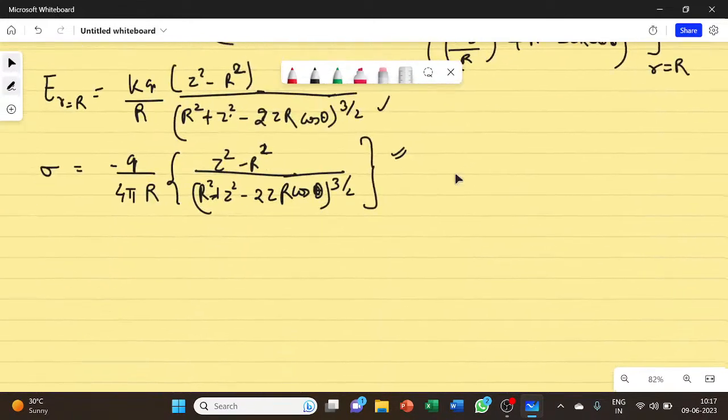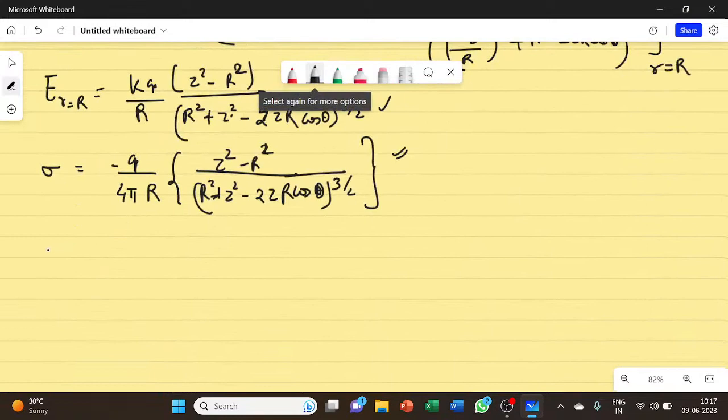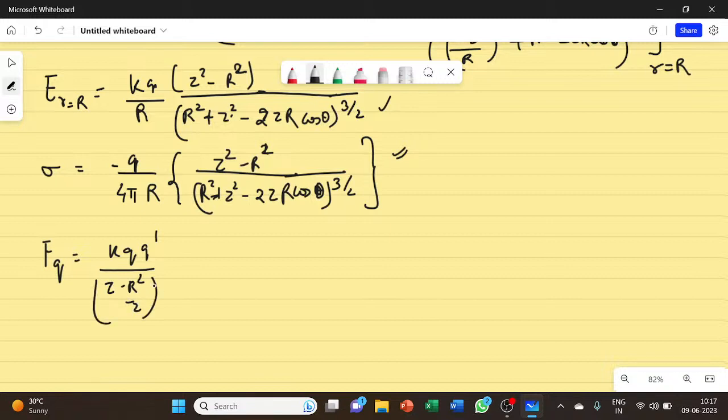What would be the force exerted on charge q? Clearly, force exerted on charge q would be k q q dash divided by the distance between them. The distance between them is z minus r square upon z, whole square. And what is q dash? Q dash is simply equal to minus q r upon z.